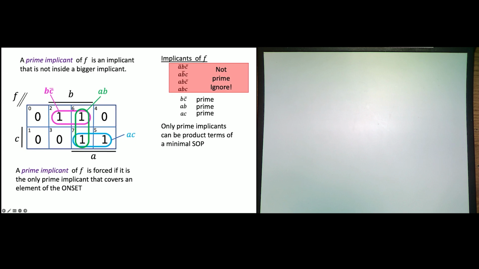So here, there are 2 prime implicants that are forced, BC prime and AC. Those 2 are forced. Right? BC bar is the only one to cover cell 2, and AC is the only one to cover cell 5. So I have to include those 2.